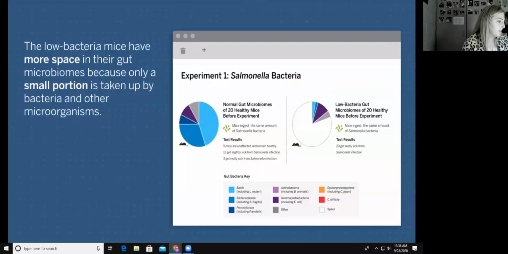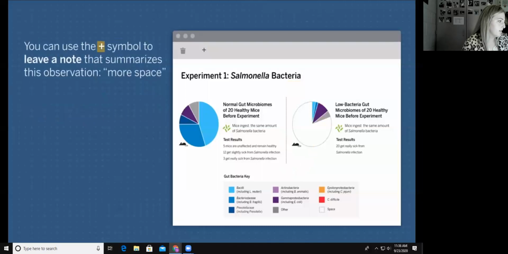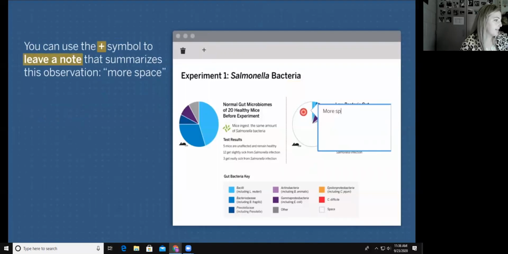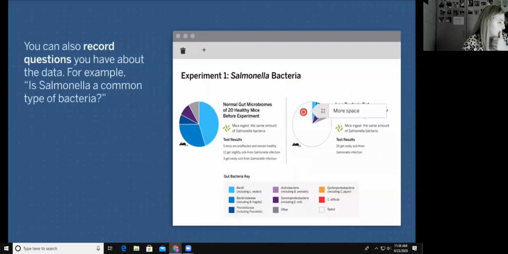The low bacteria mice have more space in their gut microbiomes because only a small portion is taken up by bacteria and other microorganisms. You can use the plus symbol to leave a note that summarizes this observation. More space. You can also record questions you have about the data. For example, is Salmonella a common type of bacteria?